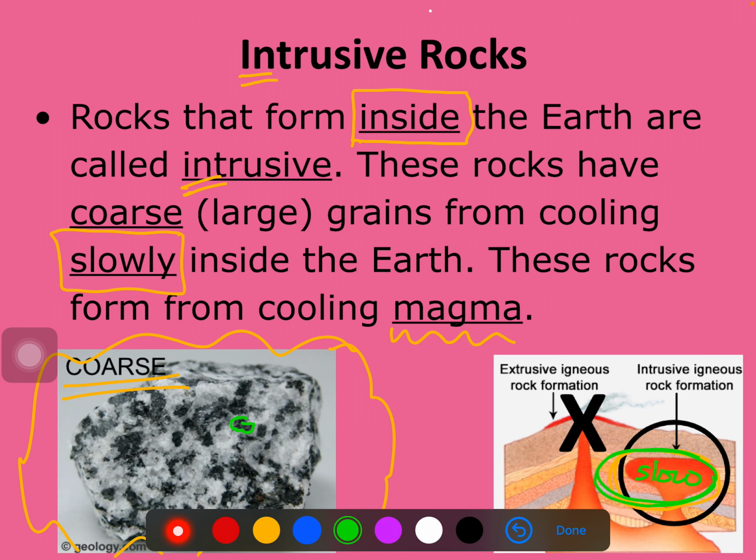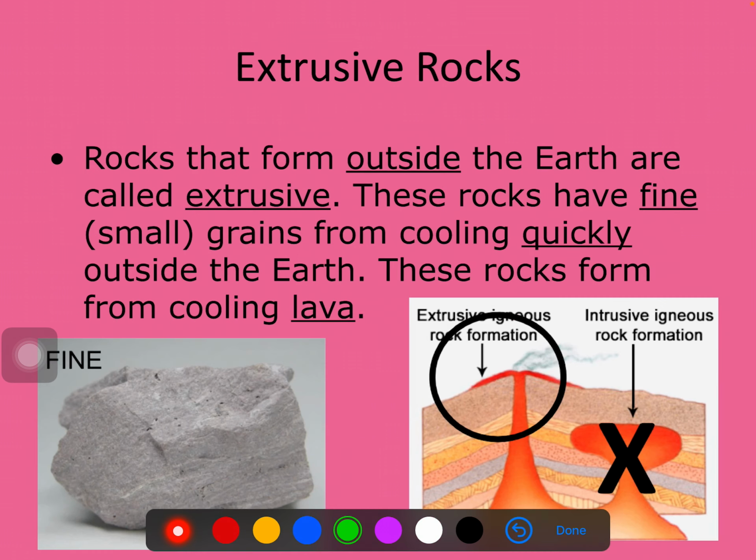And when I'm talking about grains, I'm talking about these different crystal pieces I can see. So the fact I can see each individual grain is giving it the name coarse grained. And again, that's because these rocks cooled so slowly inside the earth. They're kind of protected and slowly cooled inside the earth.